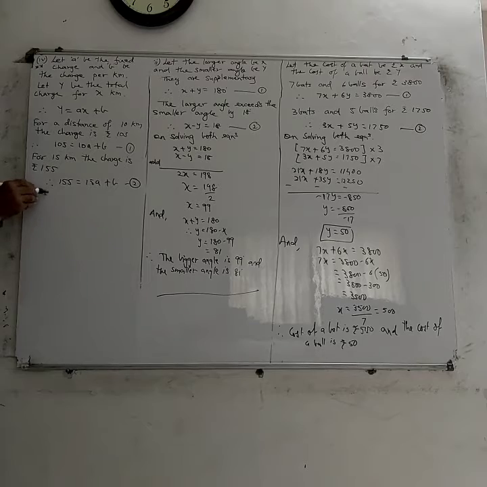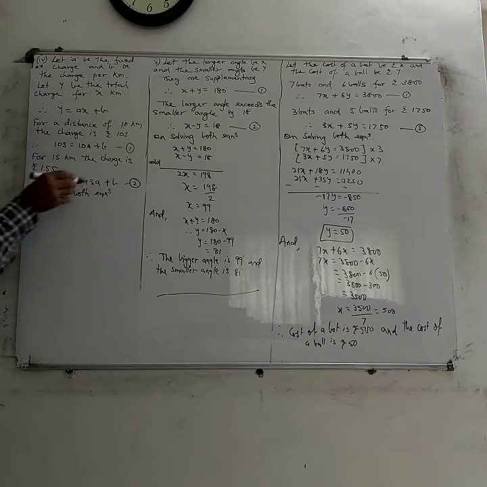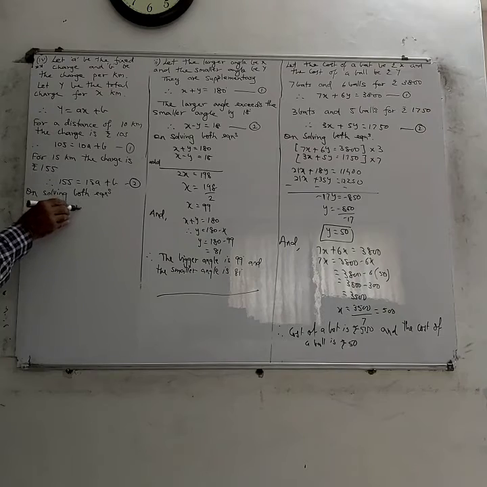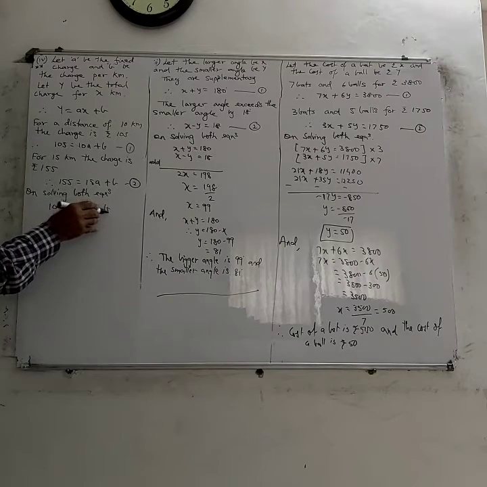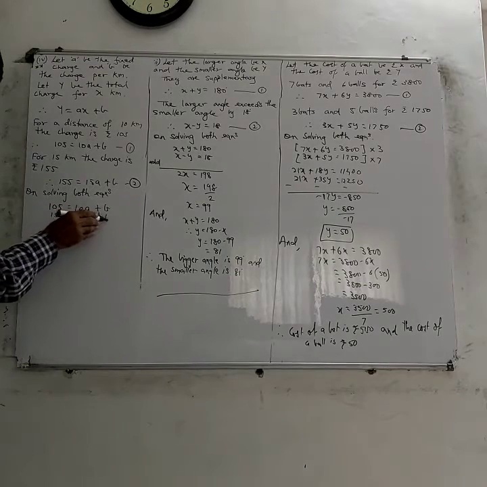Now on solving both equations, 105 is equal to 10A plus B and 155 is equal to 15A plus B.